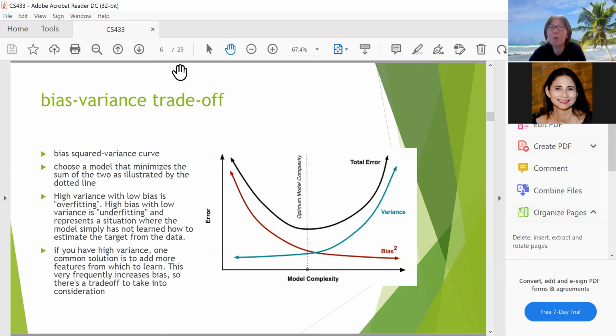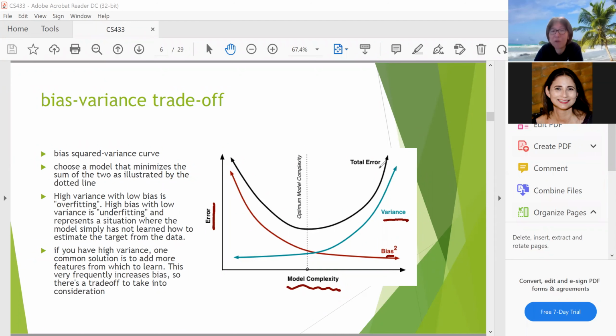And this diagram explains better the variance and the bias related to model complexity, and the y-axis is error. The lower the error, the better the result; the higher, the worse the result.